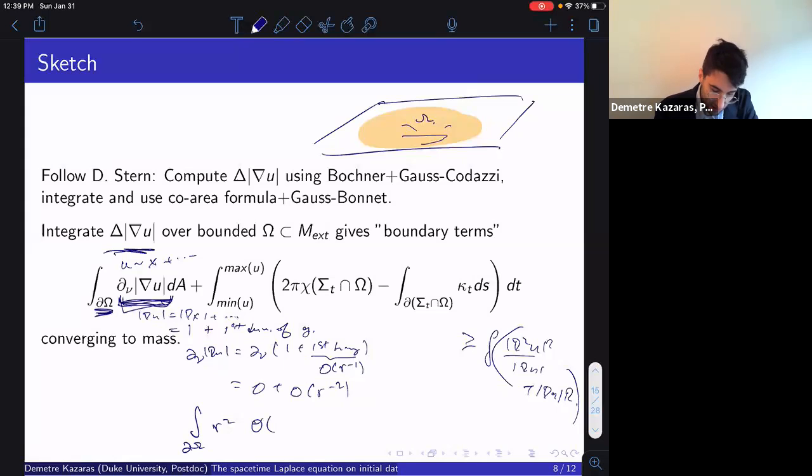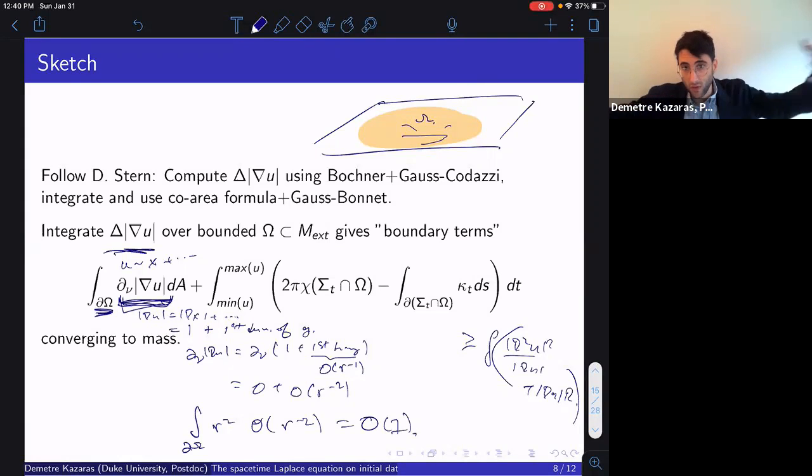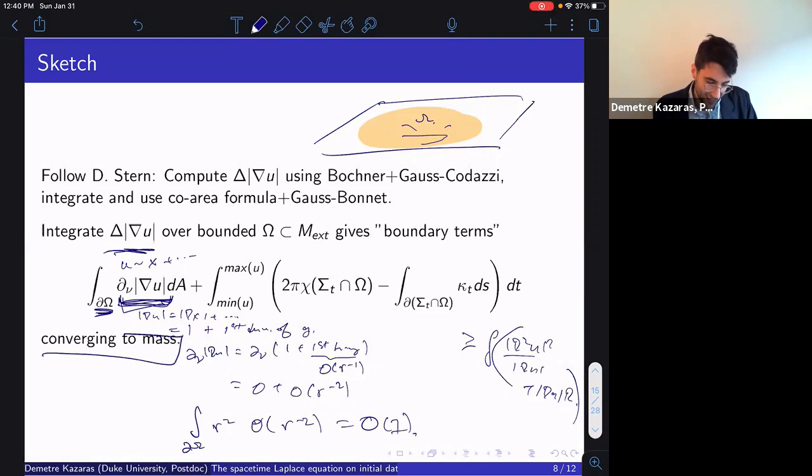And so you're looking at something which is r squared times big O of r to the minus 2. So this is something which won't go to 0 necessarily as the regions exhaust the manifold. That's the point that I tried to make: the order of this term is such that it may give you a number if you take the limit as you take the omegas to exhaust the manifold. And it will converge to mass, is the point.